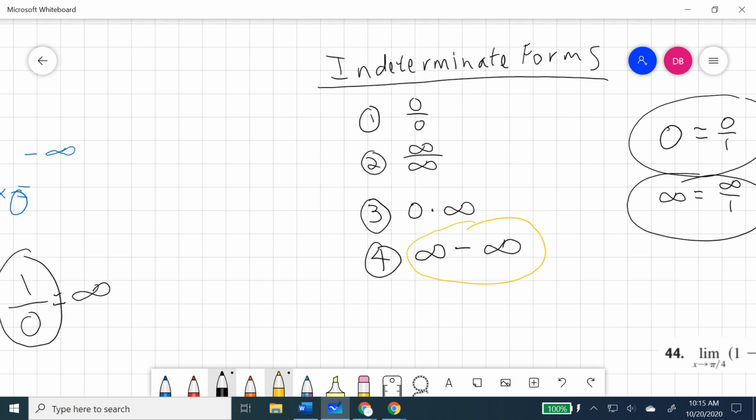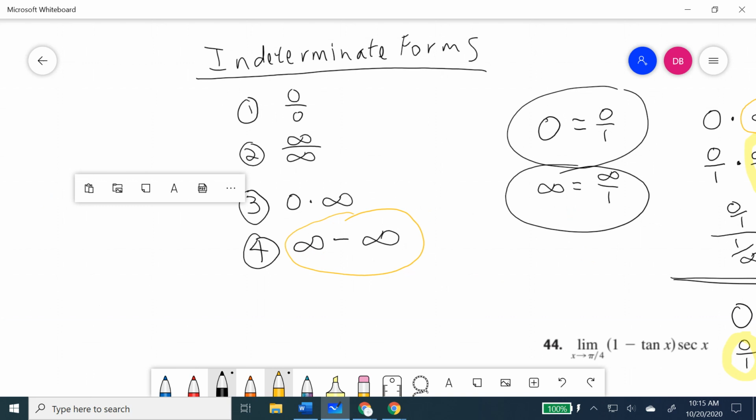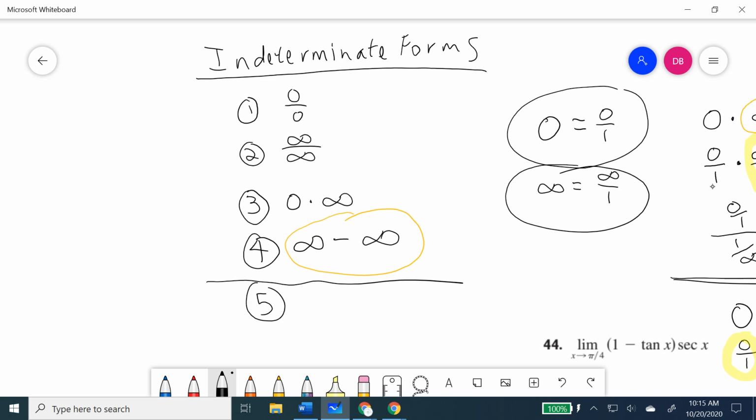So the only other indeterminate forms that are talked about, I never write them down regardless, because they're not even a complete set. The other indeterminate forms that your textbook discusses are exponential indeterminate forms. And so let me just say that there are other indeterminate forms.